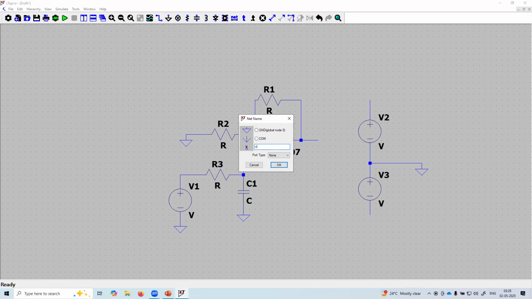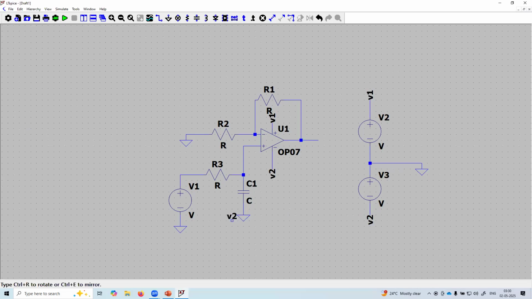So I am labeling the voltage here as V1, and this one will be V2. I want to name the output and the input V. So my circuit connection is now completed.